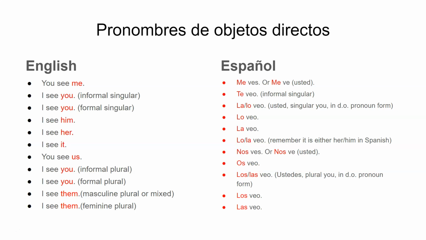Lo or la veo, just depending on whether the thing is feminine or masculine. Nos ves, or nos ve usted, right? The you, I didn't distinguish whether it's tú or usted. Os veo, I see you guys. Los veo, I see you guys if it's mixed or all guys. Las veo, I see you guys if it's all girls. And then los veo, las veo, I see them, depending on who the groups are.